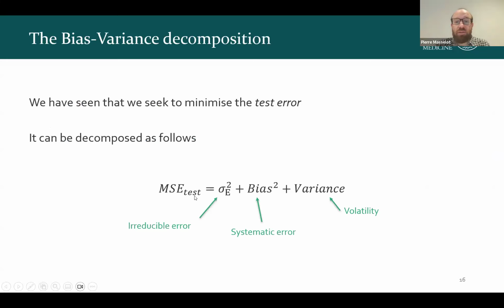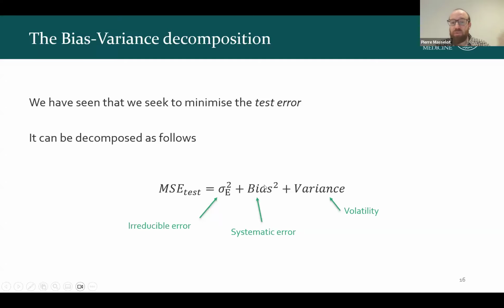Our MSE on the test, we can show that it's composed of 3 components. First, an irreducible error. So the test MSE can never be below a given value, because this is the part of your target that cannot be explained by X. So we cannot do anything about it.